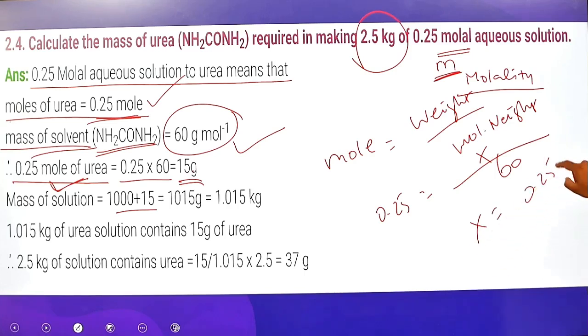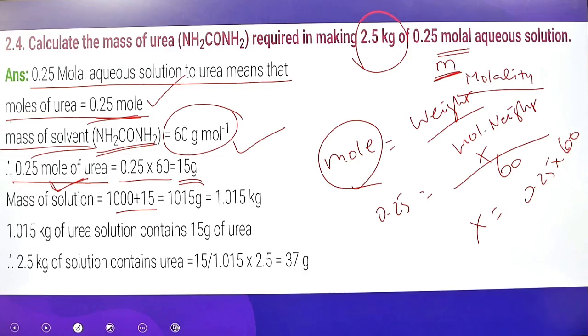0.25 into 60. Where did you bring this from? From the mole calculation. I told you, they have given the mole and they are asking for the mass of the solute. Usually they will give you the mass of the solute in percentage and they will ask for the calculation of the mole, and then you take that mole into the mole fraction or something.